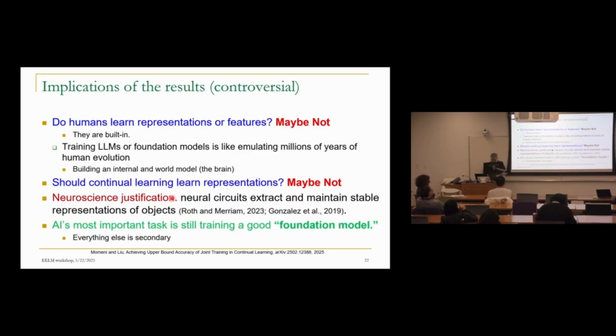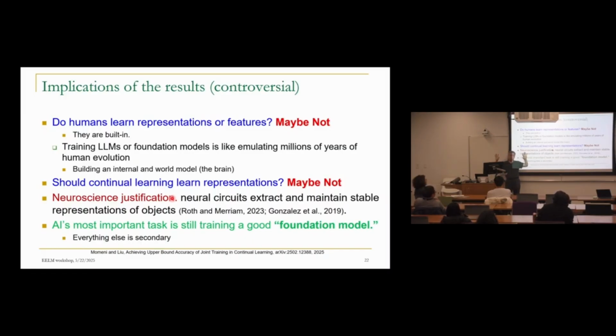And so anyway, I hope this is okay. Some people may not agree. And also there are some neuroscience justifications. Neuroscience essentially says we have a stable representation in the brain. They call the term stable representation. But this is pretty much intuitive too, right?